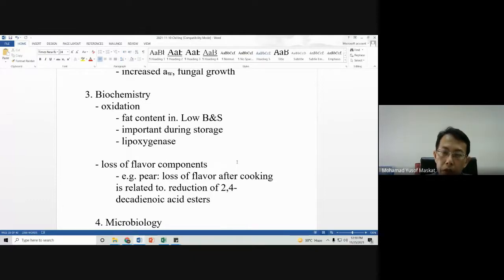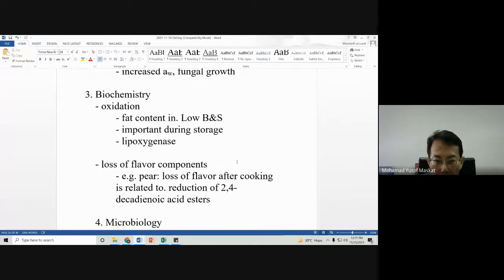Even though in general fruits and vegetables contain low fat content, certain fruits and vegetables have high oil content, for example avocados, and then certain fruits and nuts. So sometimes if you store certain nuts too long, they will become rancid because of the oxidation.